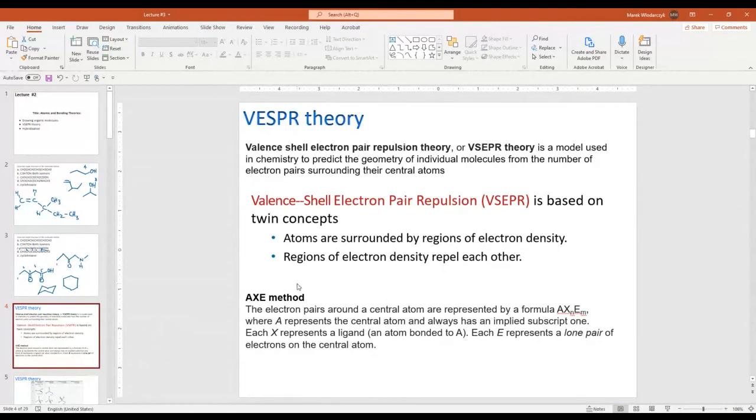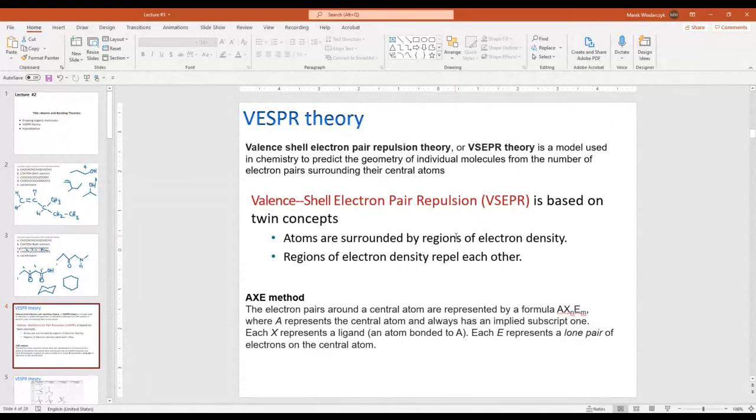What is important in this theory is that it assumes that atoms are surrounded by different regions of electron density, and those regions of electron density repel each other. So they want to be as far from one another as possible.